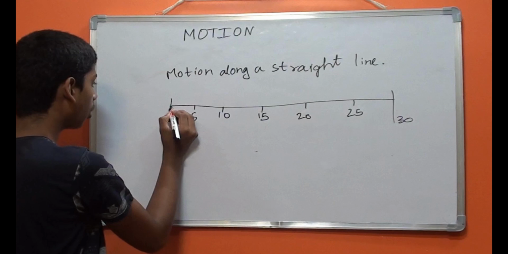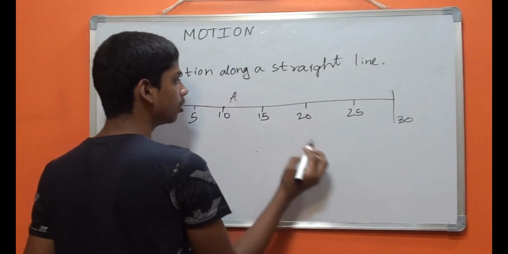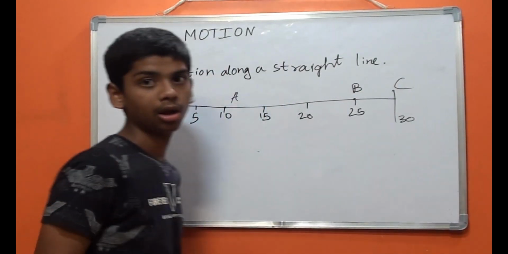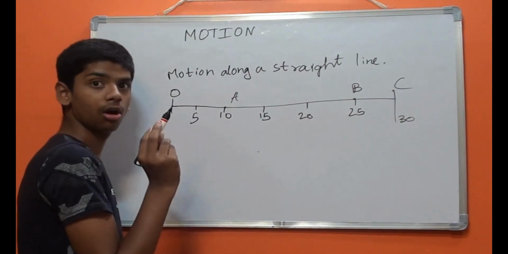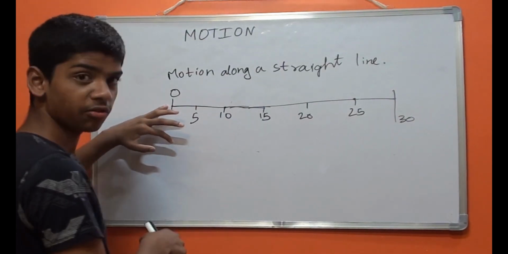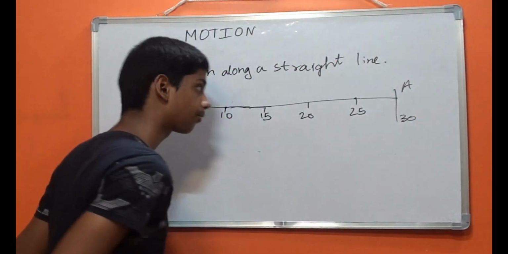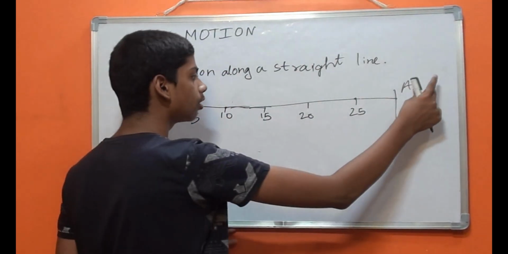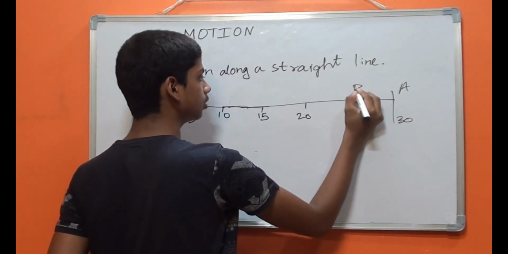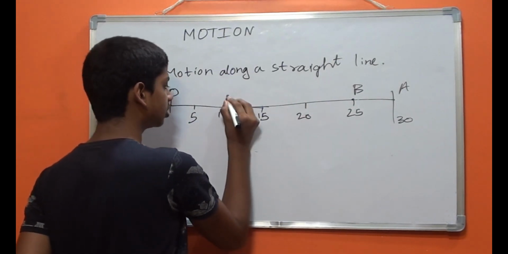Let's take this as point O, this as point A, this as point B, and this as point C. Here you had to go from O. First you started from point O and went to point A. Then after doing some work at point A, you came to point B. Then after completing your work at point B, you came to point C.